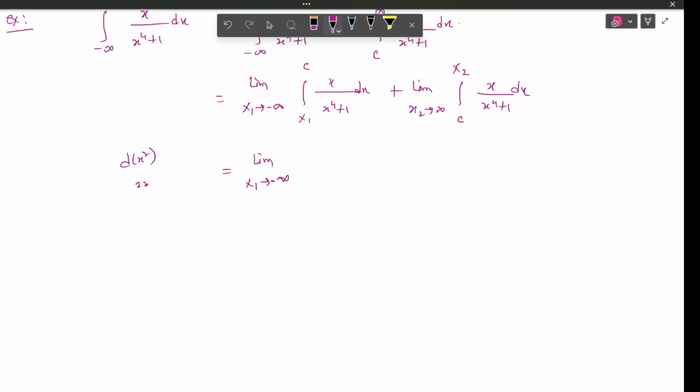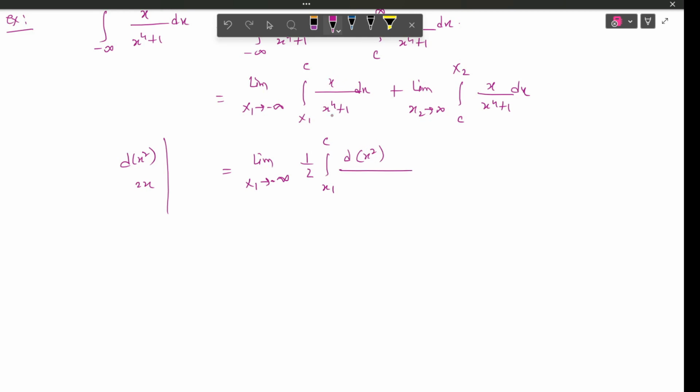That is 2x, but we don't have 2 here, so we have to multiply by half. So limit x1 tends to minus infinity, half integration x1 to c, and this would be d of x square, because we have taken half, so we can write x dx as d of x square.